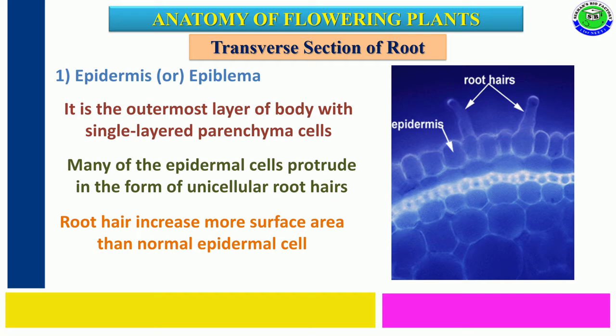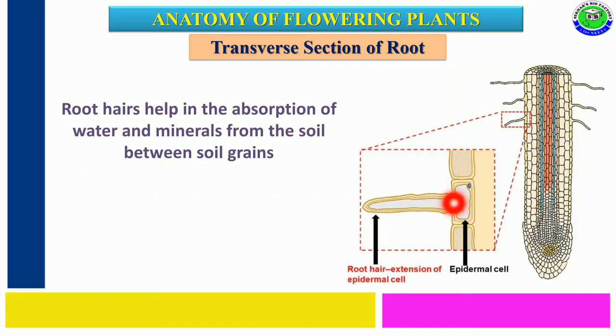Root hair increases the surface area compared to a normal epidermal cell. Because of this larger absorption surface area, it absorbs water and minerals from the soil, especially since root hair can easily penetrate in between soil grains to absorb more water and minerals. But there is no cuticle outside of these epidermal cells in the root.